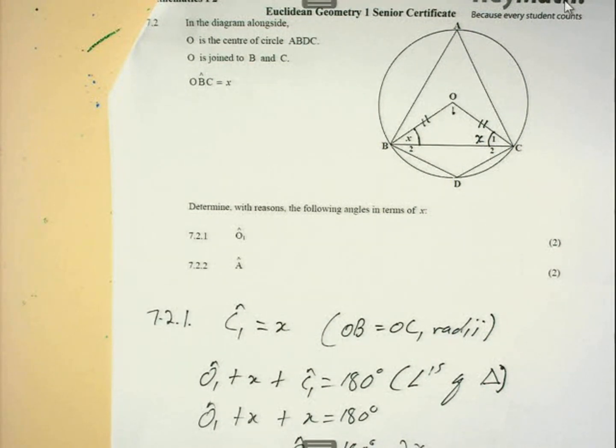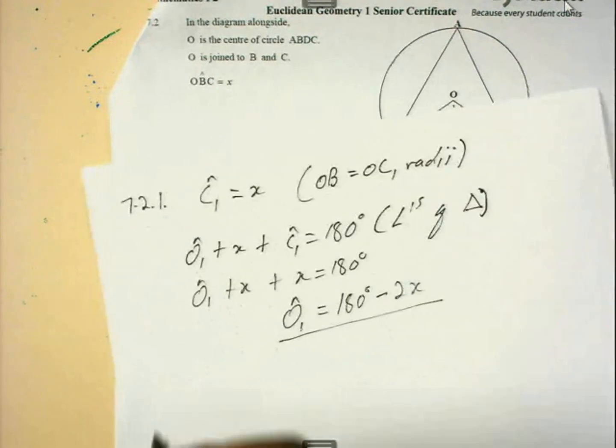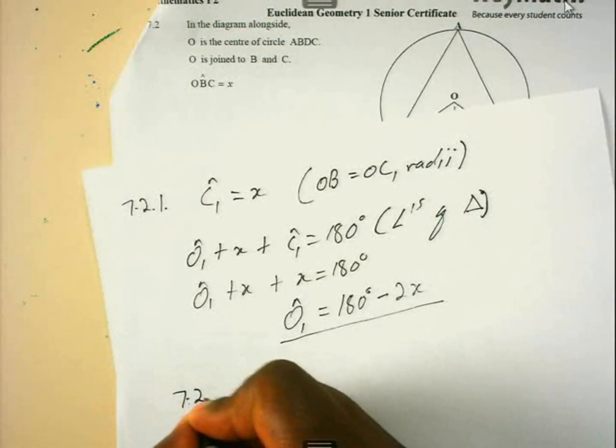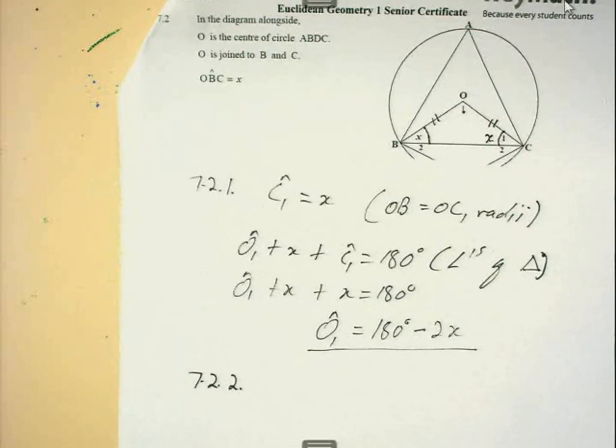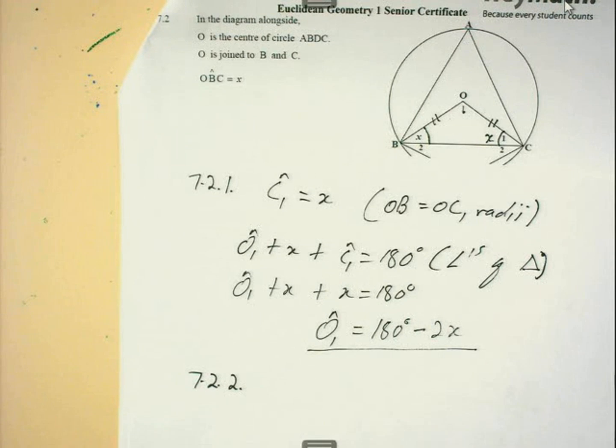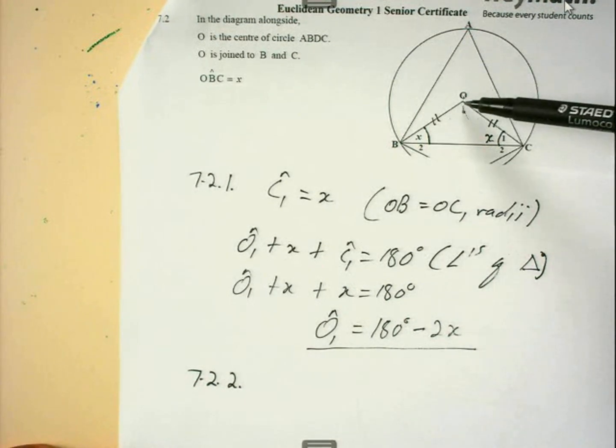let's determine angle A in terms of X. Numbering is key. 7.2.2. We want to determine angle A in terms of X. Remember, from the given statement, O is the center of the circle.